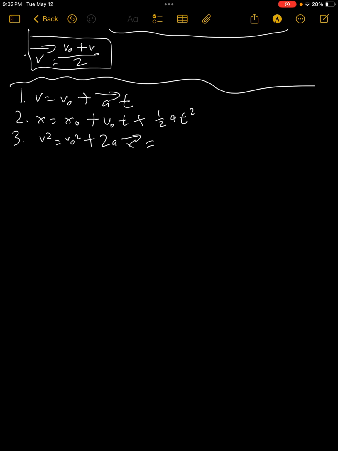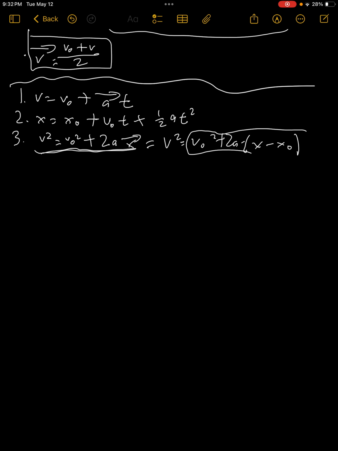Also note that this kinematic equation is already enough, but if you want to break it down even further because you have multiple displacements in the problem, then you can do v squared equals v0 squared plus 2a, and then we write displacement as final position minus initial position.